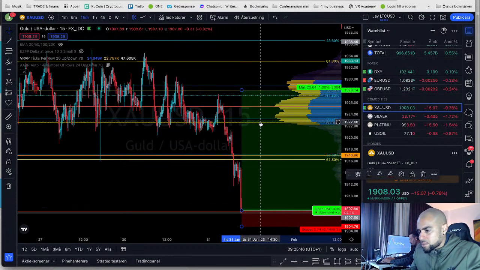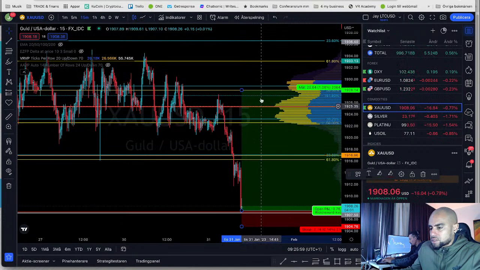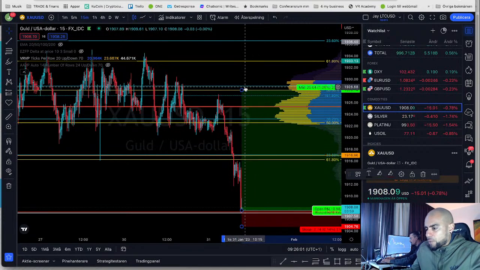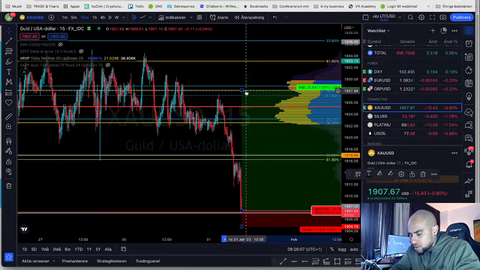Take profit 3, 1922.2. And last take profit, I would put it at 1928 or leave it open, so the market can run if it wants to run.